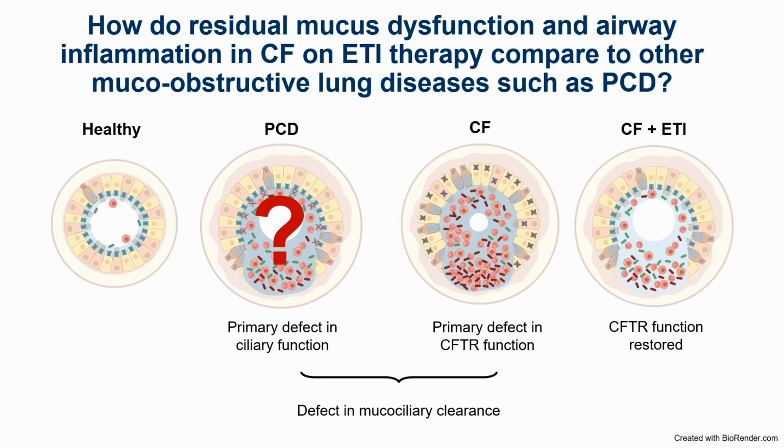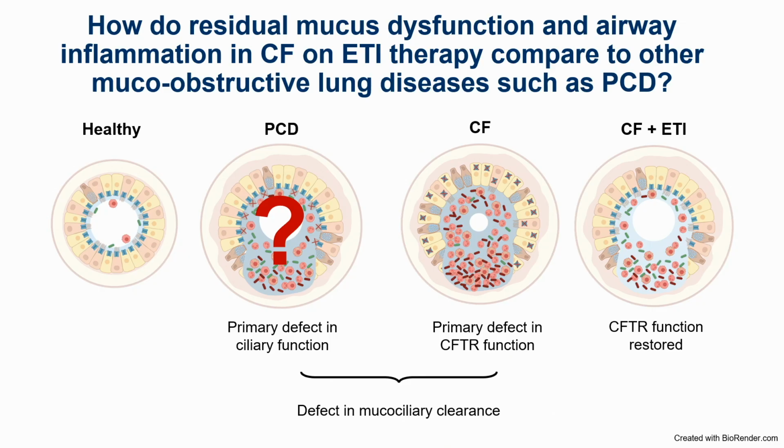When we have a look at the pathological mechanisms, we appreciate that, of course, they have different underlying genetic defects. In PCD, as the name already indicates, patients have a primary defect in cilia function, and in CF, as we all know, there is a CFTR dysfunction.